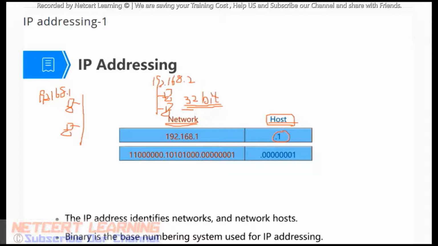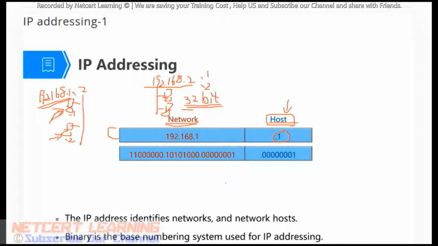These are different networks, so they must use different network numbers. Then each host in a network must have a different host number. Maybe this is .1 and this is .2, and that's .1 and .2, and here also .1 and .2. These two parts combined together then form the IP address of one device, one host.